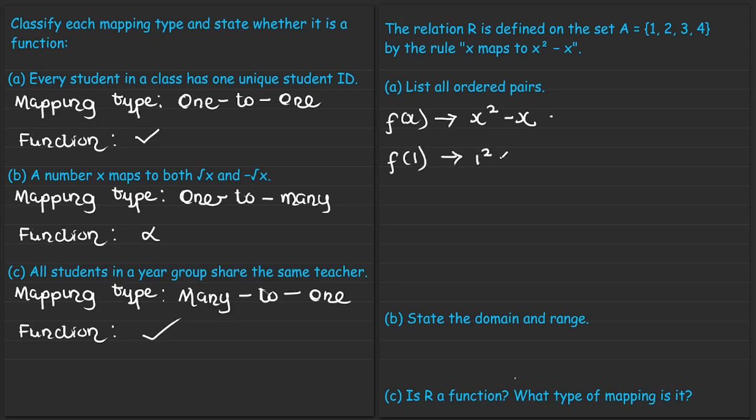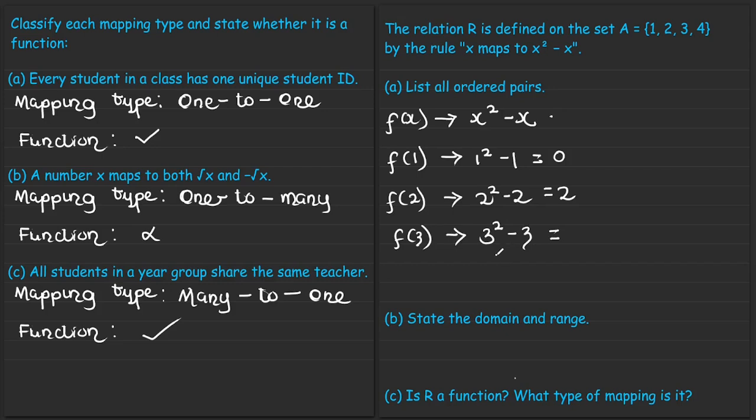A 1 squared minus 1. 1 squared is simply 1, so 1 minus 1 we have a 0. Then for f being 2, we are going to get a 2 squared minus 2. And 2 squared gives us a 4. So 4 minus 2, we have what? A 2.